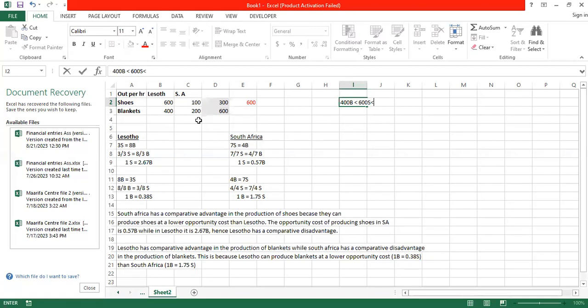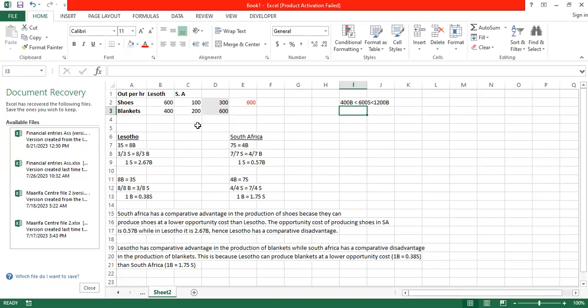So it's going to be 2 times 600, the way in which we did it in the first one. So it's going to be 1,200. So this is the autarky, this is the range. Which means the price of 600 tons of shoes should be between 400 blankets and 1,200. Anything beyond that is not acceptable.